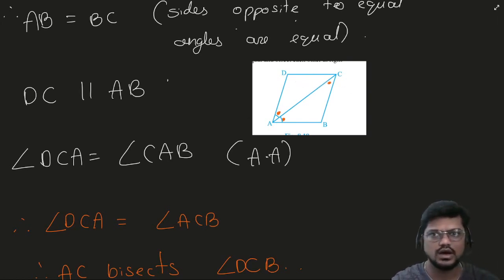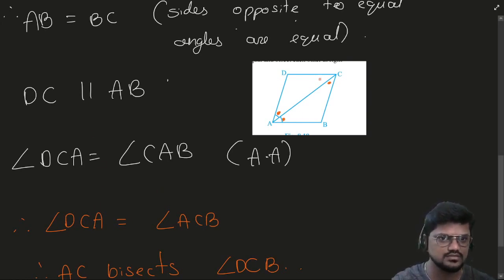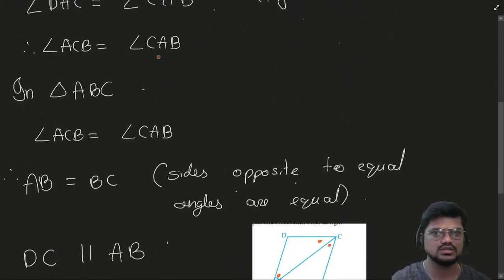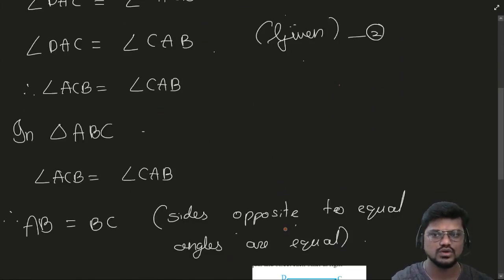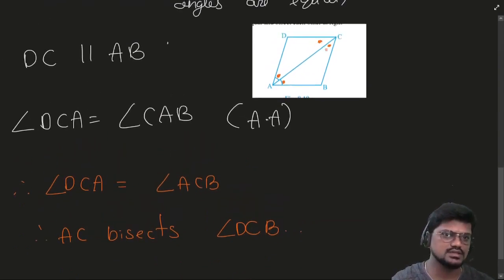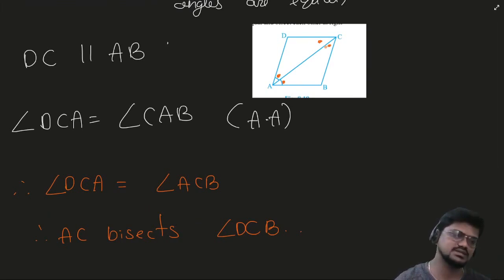After comparing it with this, we got that this angle is equal to this angle. So can I say this angle is equal to this angle, because all of them are already equal? That's why I can say angle DCA is also equal to ACB. From all these equations, from 1, 2, 3, 4, you can say that this angle is equal to this angle. That's why AC bisects angle DCB.